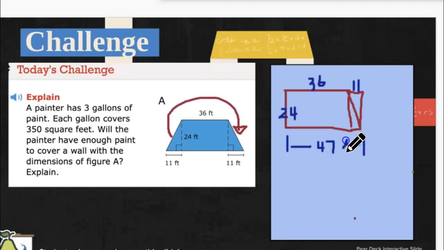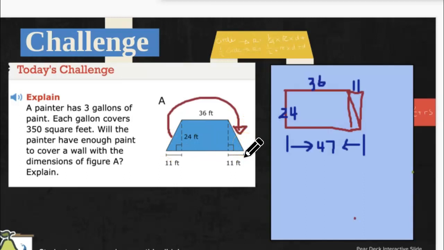Where did we get that? It's the 36 and the 11, so that gives you 47. So now we could use the formula, just length times width. We don't really have to figure out the formula for the trapezoid to solve this problem. But again, this will not happen all the time because some trapezoids do not have equivalent sides.